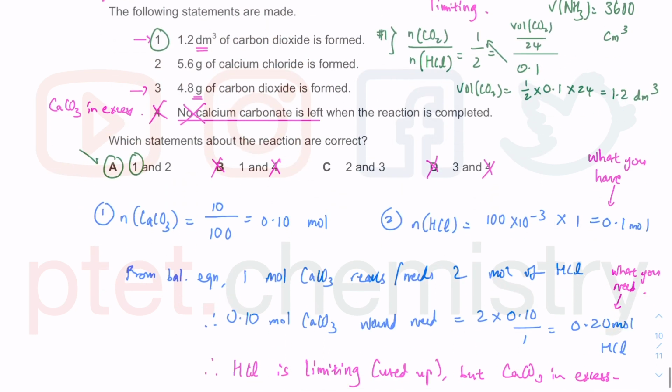If I just very quickly show option number 3, the mole of CO2 is to the mole of HCl is 1:2, and I have the mass of CO2 divided by the MR, which is 44, because I need to find the mass of carbon dioxide for option 3 there. At the bottom is 0.1 mole of the HCl that fully reacted, just like what we did for option 1.